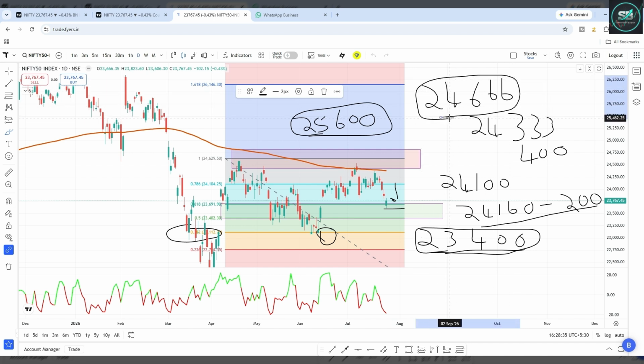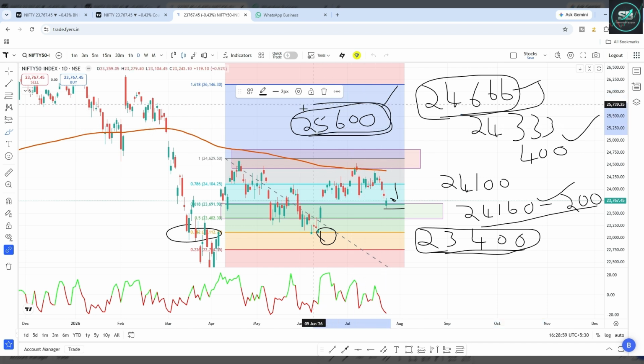But at the moment, take an assumption that this is a far away target and this is the nearest target. The achievable targets are 24,160 to 200 and 24,333 to 400. Above this, if the market sustains above 24,666 in the coming days, we will see this as our next target.